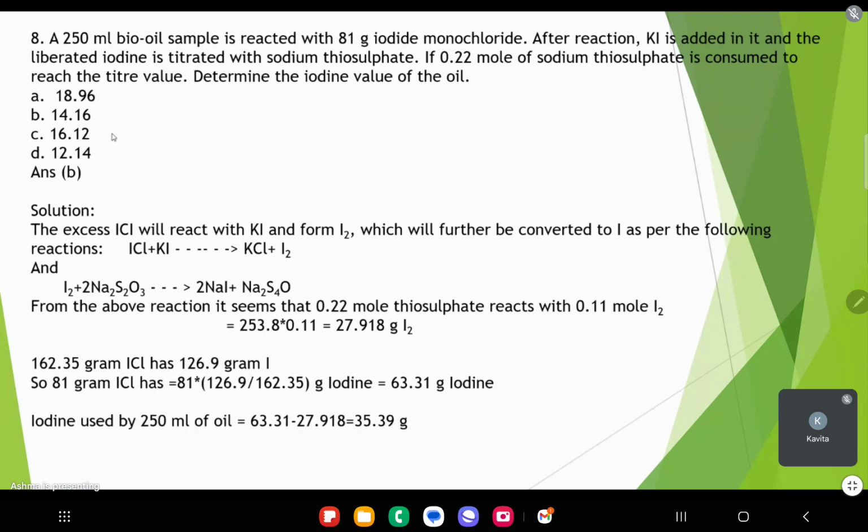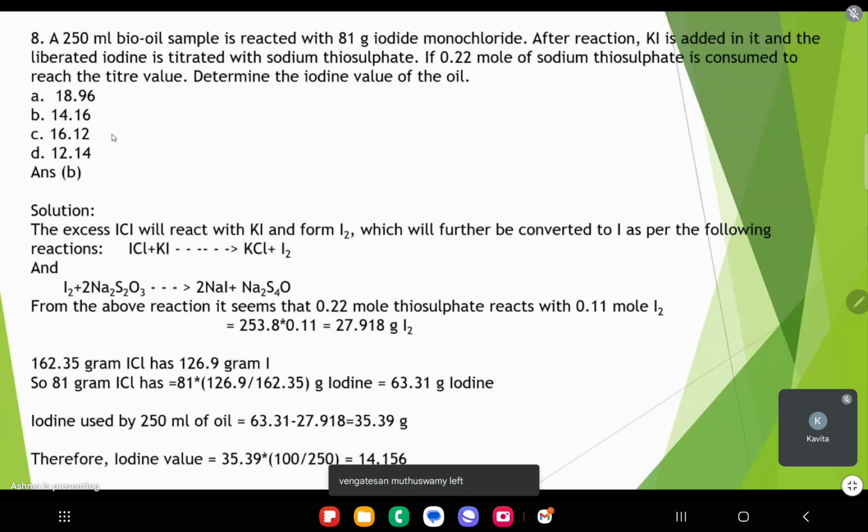So the iodine which will be used by 250 ml of oil is, we have total 63.31 grams of iodine, and this much, 27.918 gram, is left. So the iodine which has been consumed is 63.31 minus 27.918, that is 35.39 grams.